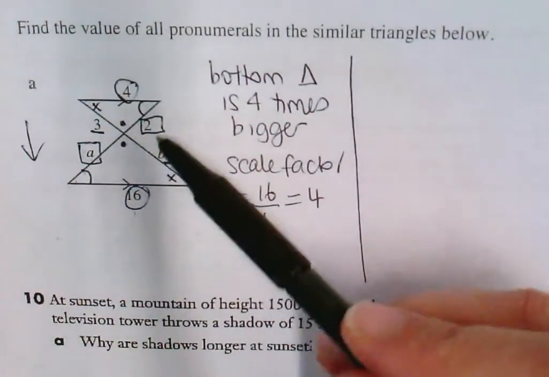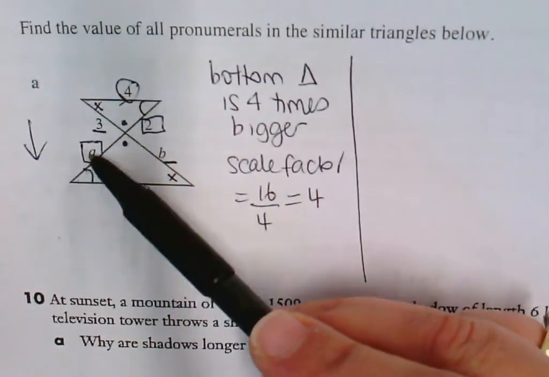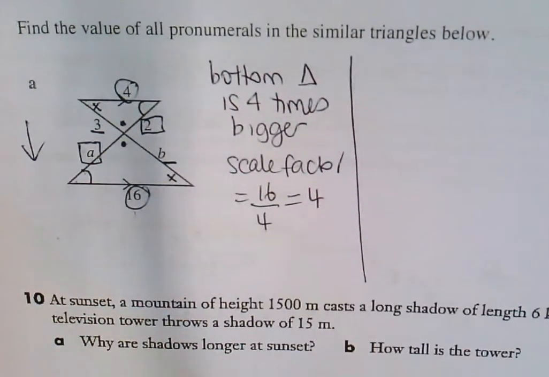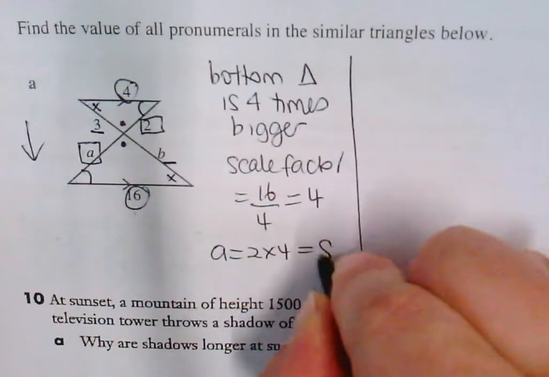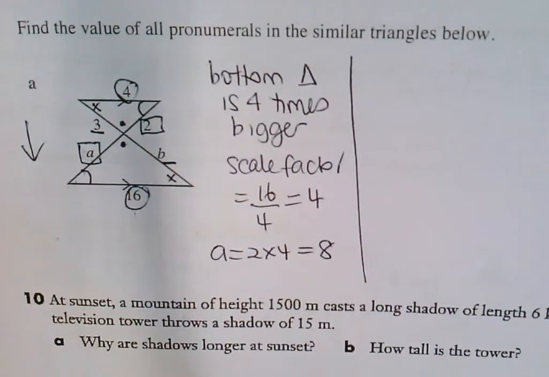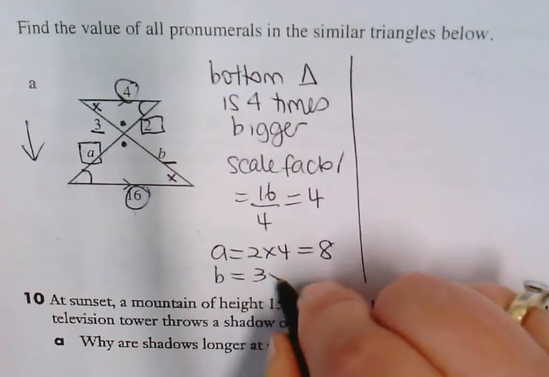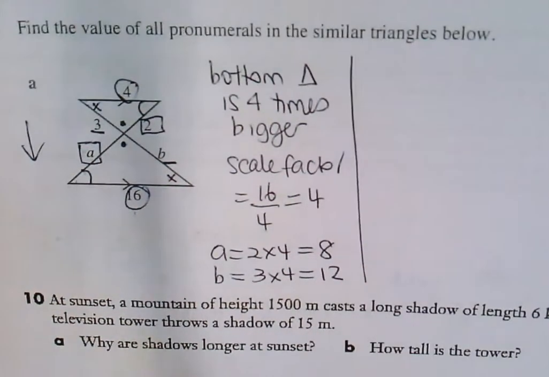Now, I know that the 2 and the A match. A is 4 times bigger than 2. So A is 2 times 4 is 8. I'm going to do the equations in a minute. And B is 4 times bigger than 3, which is 12. That's a common sense approach to do with this problem.